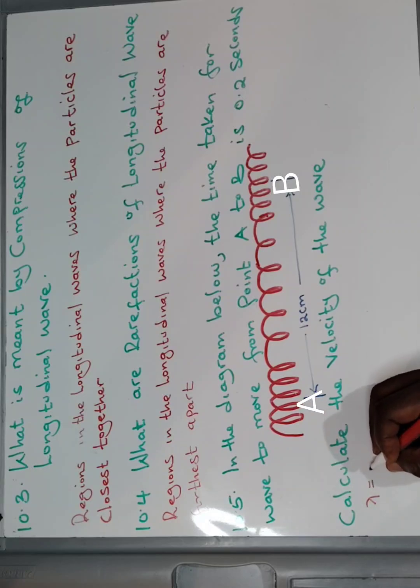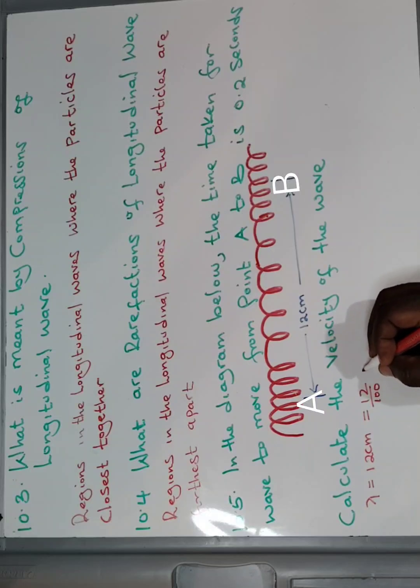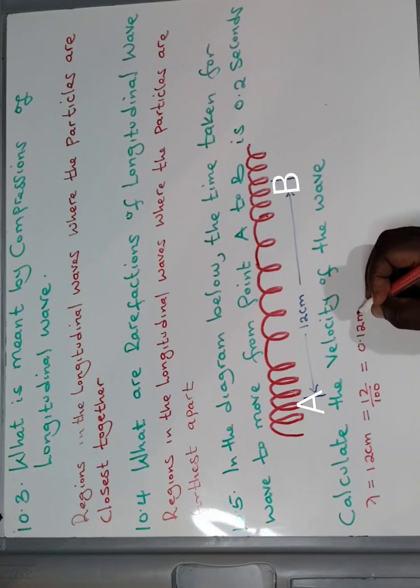So we know the wavelength, and it is 12 centimeters. We can convert it to meters by dividing by 100 to give you 0.12 meters.